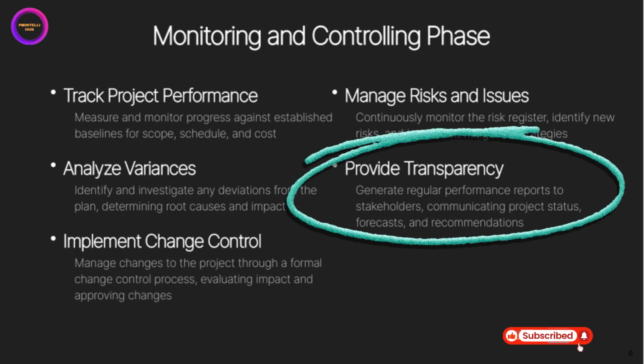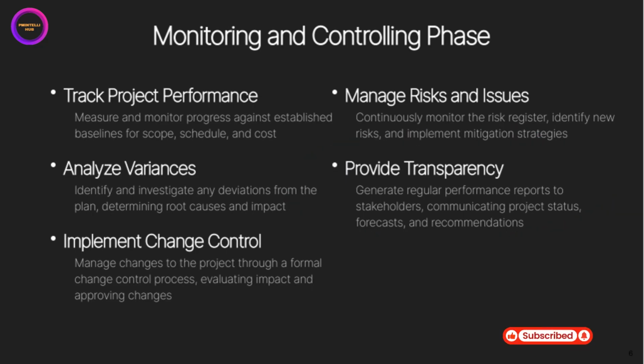Lastly, transparency is key. We generate regular performance reports for stakeholders, clearly communicating the project status, forecasts, and any recommendations. All of these activities are interconnected. They help us stay aligned with our goals and ensure successful project delivery. This phase is about maintaining control, adapting when needed, and keeping everyone informed.